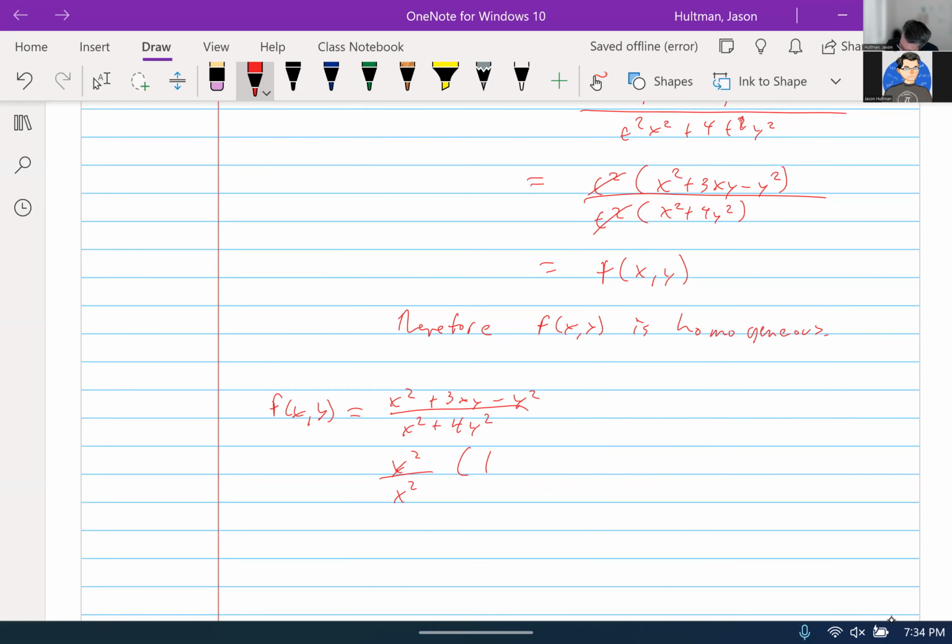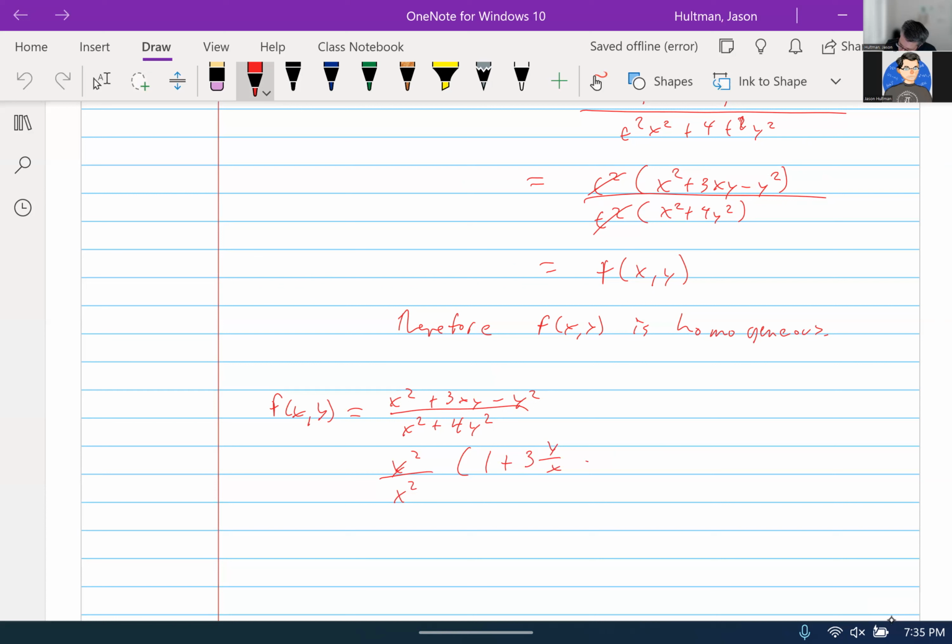I get 1 plus 3y over x. Because if I pull that x squared back in, I should just get 3xy, since the x squared and the x will cancel, leaving me with 1x.